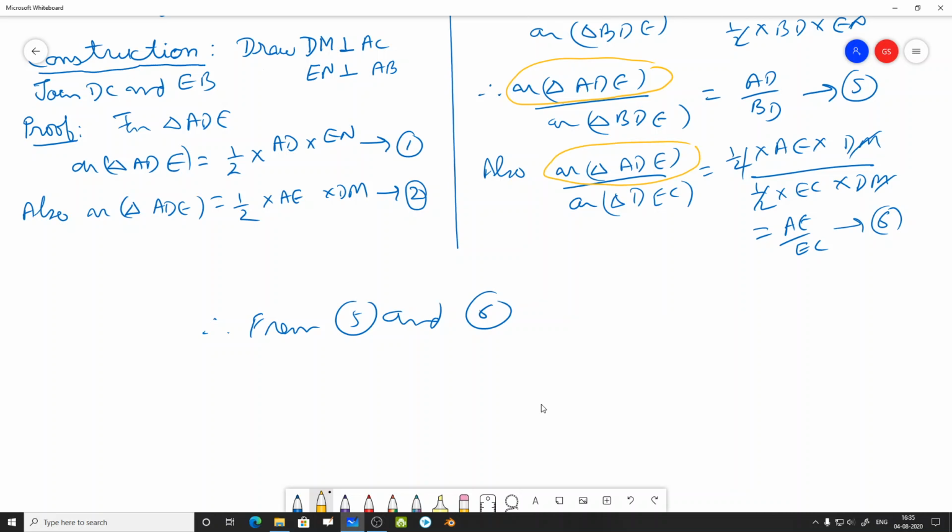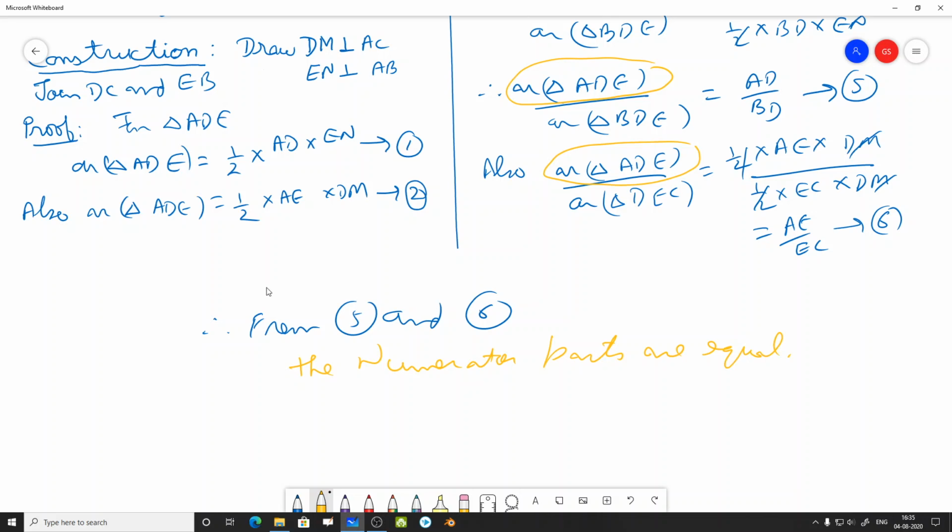Now 5th and 6th will be equal only if area of triangle BDE is equal to area of triangle DEC. So from the figure we can see from 5 and 6, first let us write here the numerator parts are equal.